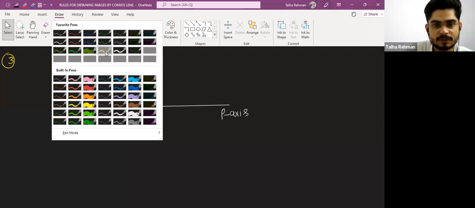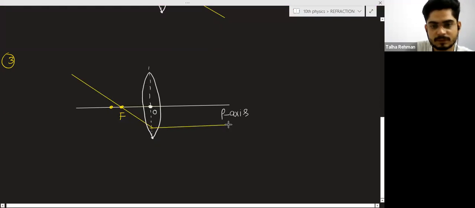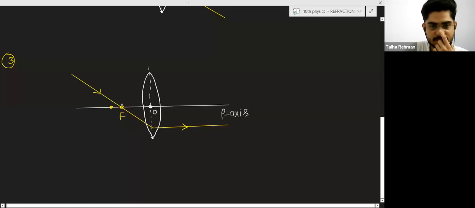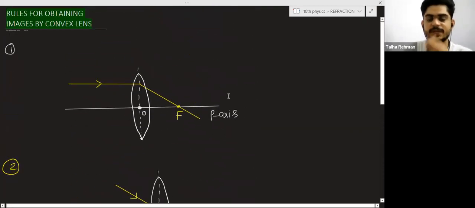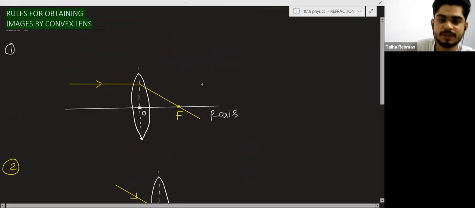It will become parallel to the principal axis. So the light ray is coming like this, and after refraction from this convex lens, it will become parallel to the principal axis. So these are the three rules that we will use in image formation by the convex lens. And O is the optical center.